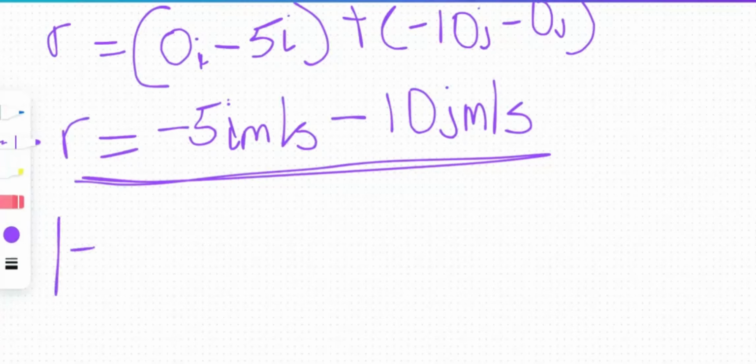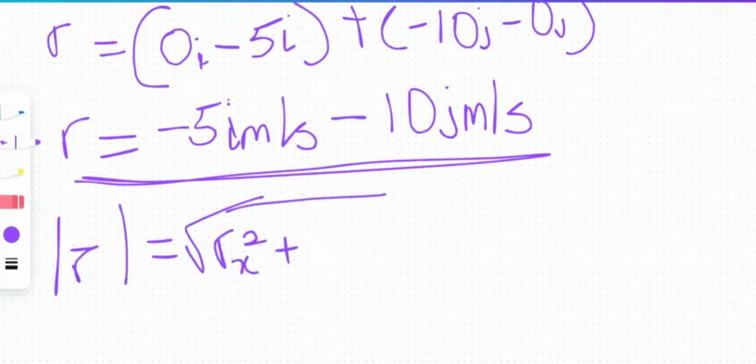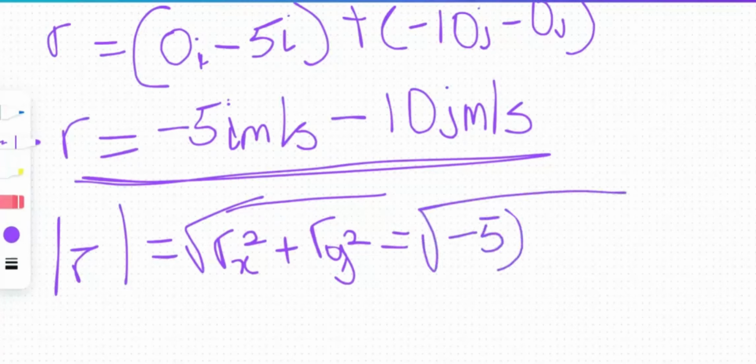The magnitude of r will be equal to the square root of rx squared plus ry squared, which is equal to the square root of negative 5 squared plus 10 squared.